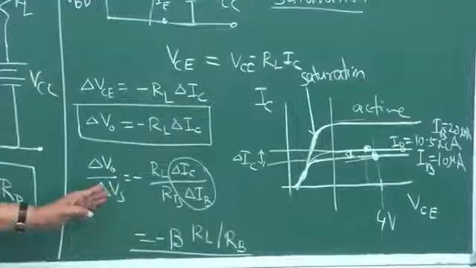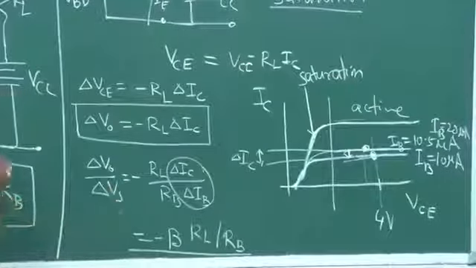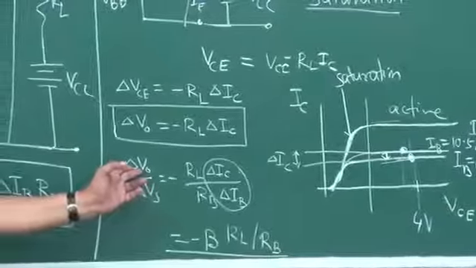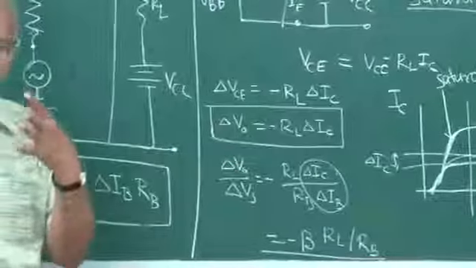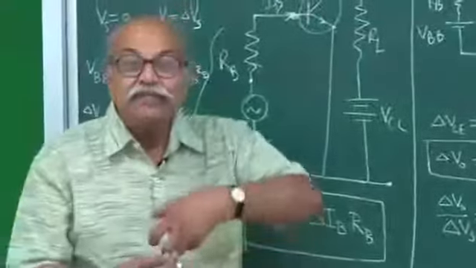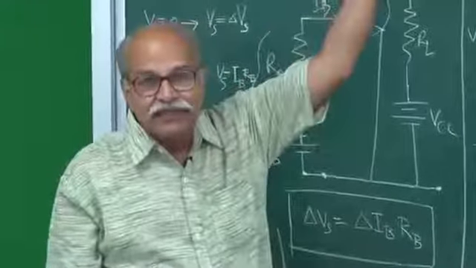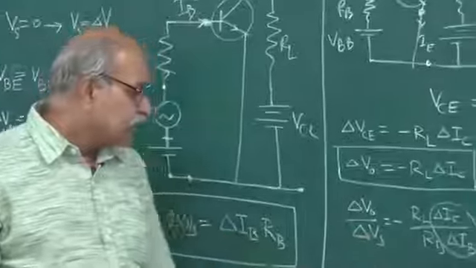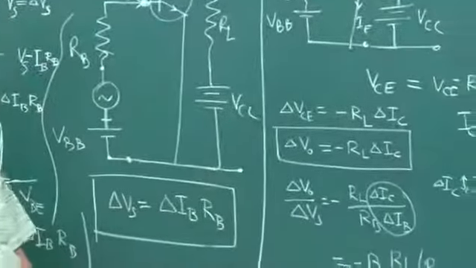So, whatever is delta Vs, a proportionate change will come in this output voltage. The shape of the waveform will remain the same, only the amplitudes will be proportionately increased, right. So, that is how the amplification has taken place.